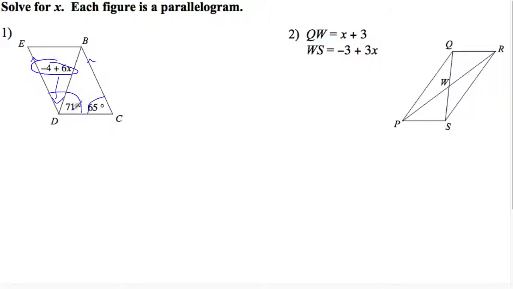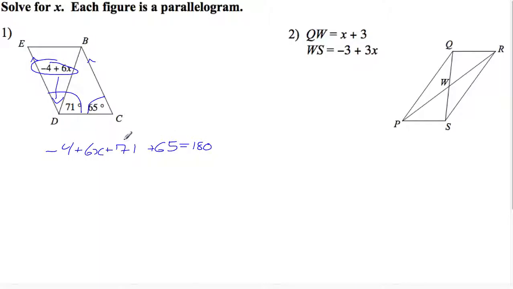So that means that these two angles are supplementary. So we're going to have -4 plus 6x plus 71, that adds up to get angle D, plus angle C, which is 65, is going to equal 180.